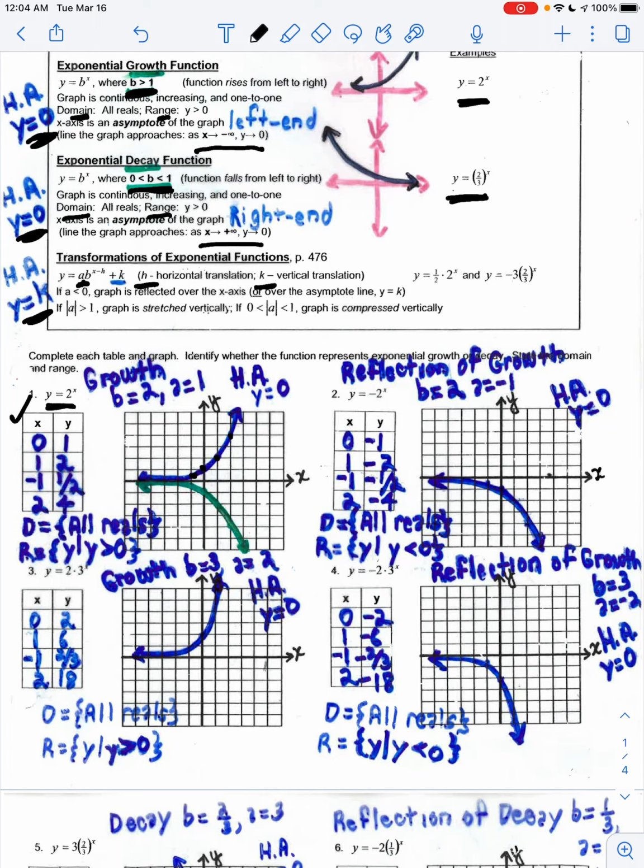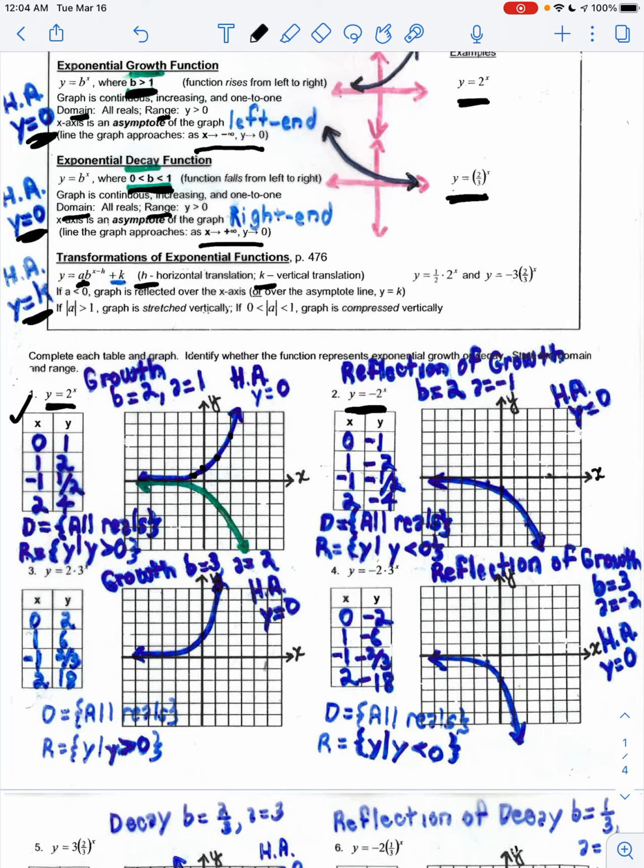What happens when you change that equation to y equals the opposite of 2 to the x? Well, that's really meaning y equals -1 times 2 raised to the x. So the base is still 2, which implies an exponential growth graph, but because a is negative, we get what is called a reflection of the growth graph, which reflects the graph over the x-axis.